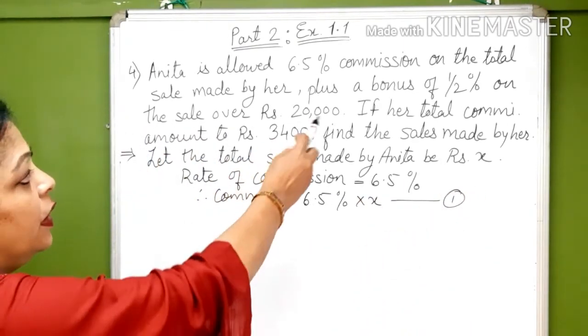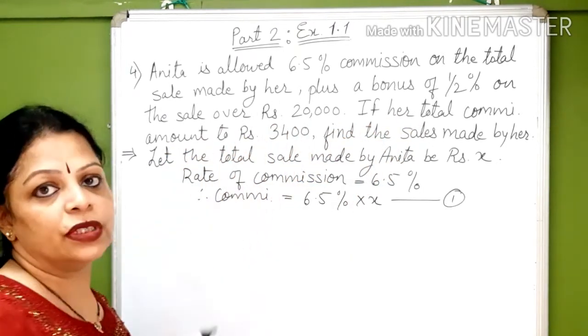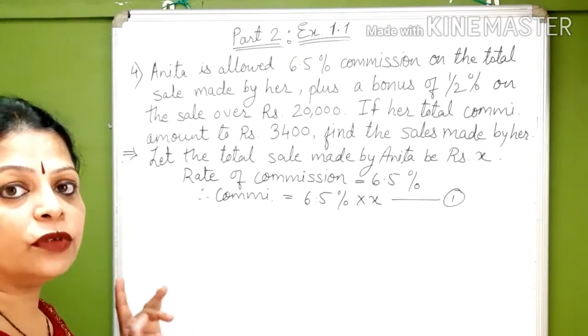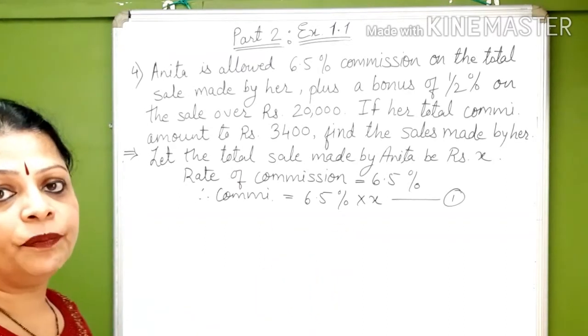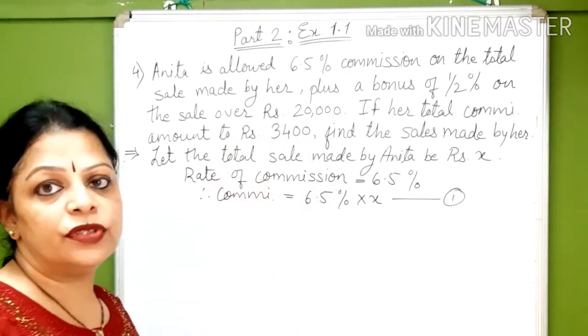Now the next one, a bonus of 0.5% on the sale over 20,000. That means the rate of bonus is 0.5%, but it is not on the total sale. It is on the sale made over 20,000.